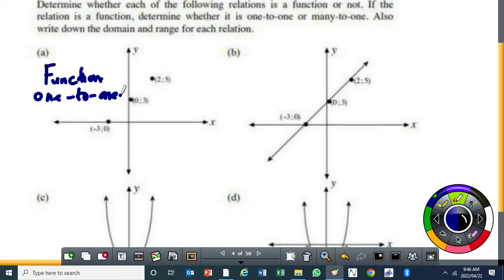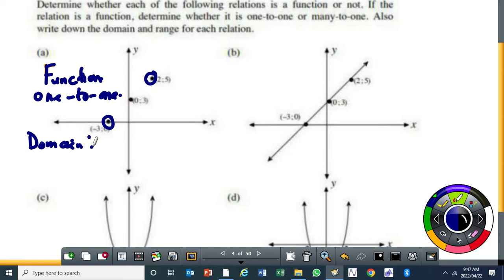Since we have said it's a function, we need to determine the domain and the range. Based on the information here, we have 3 points, so we start from here in terms of the x value up to there. Our minimum is going to be -3 for x, and our maximum is 2. When you write your domain, you start with the minimum, then the maximum.